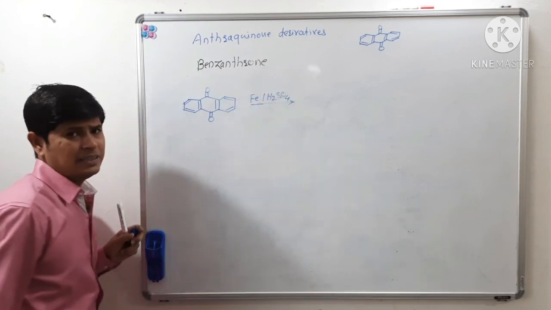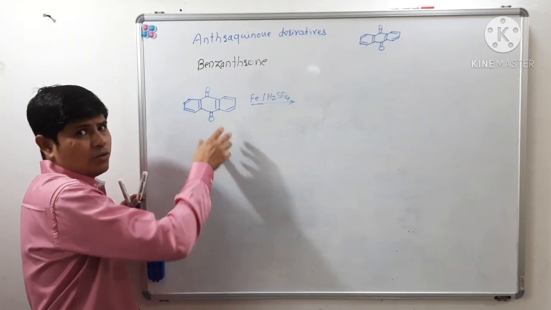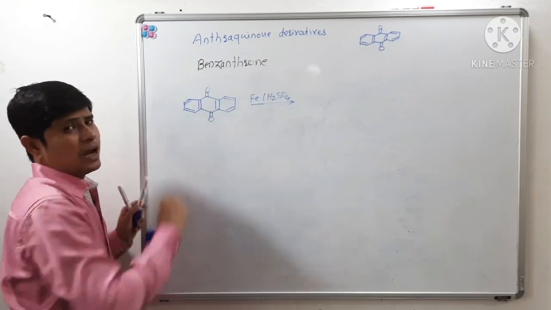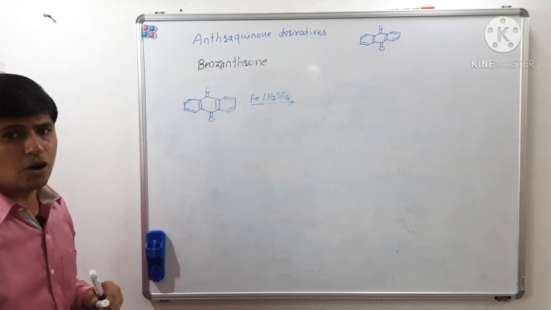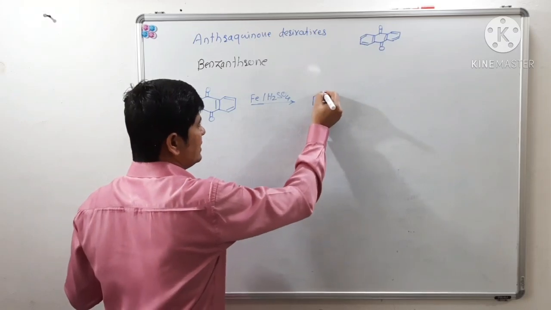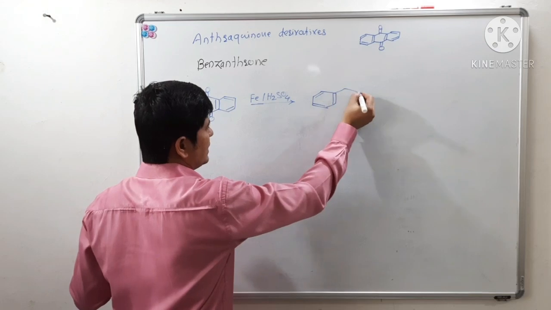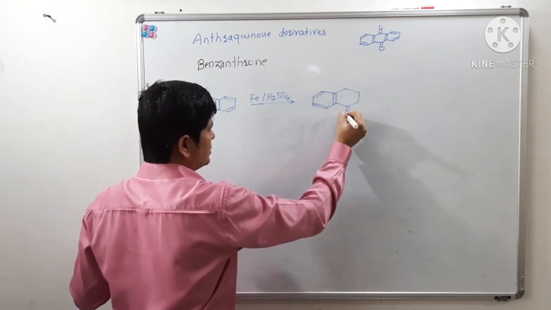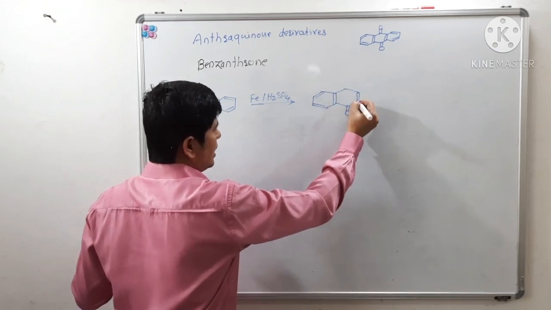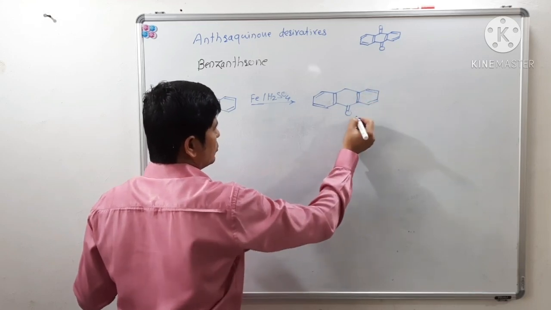This anthraquinone will undergo partial reduction of one of the carbonyl groups to get anthrone as a product. There will be a reduction of one of the carbonyls into CH2. So what we will get is anthrone.